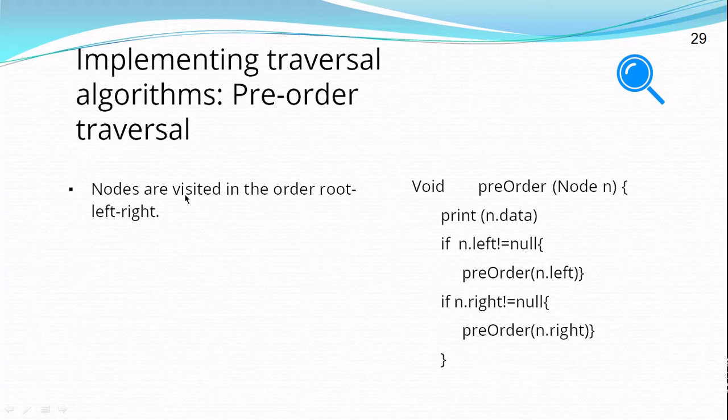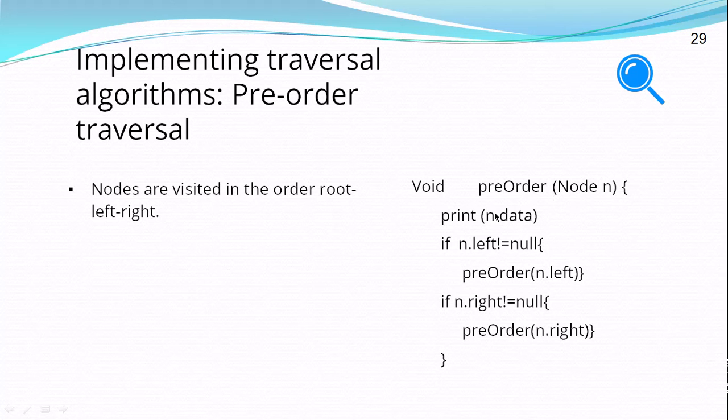And pre-order traversal can be described as, first of all, visit the root or the node that you're looking at, then explore the left subtree, then explore the right subtree. This is exactly what I'm doing here.